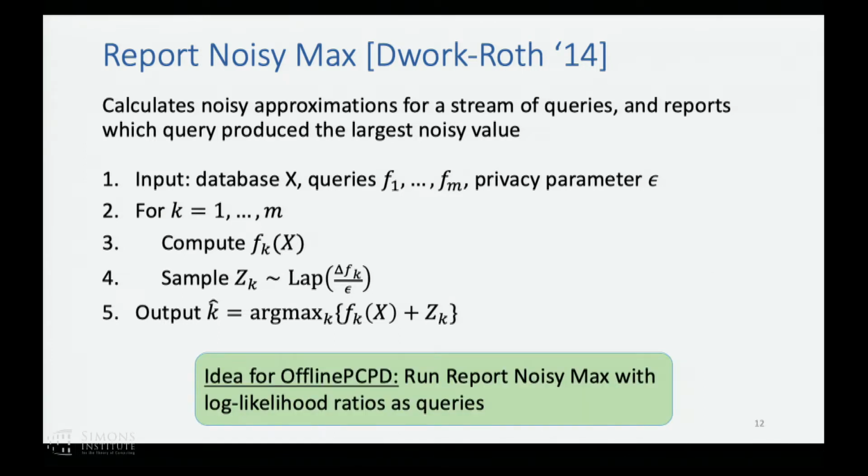And so the idea for our offline private change point algorithm is to run report noisy max with these log likelihood ratios as our queries.